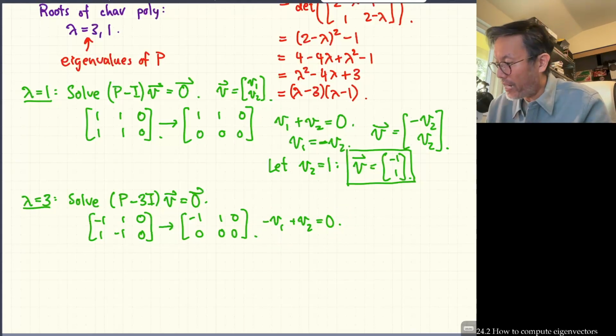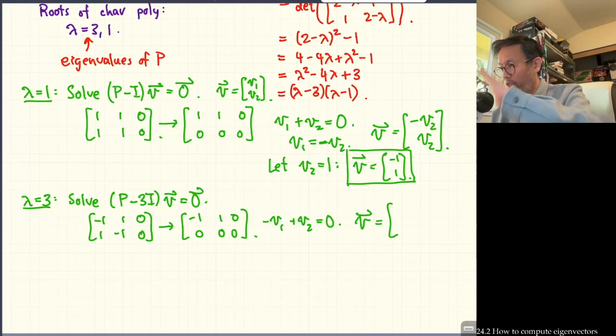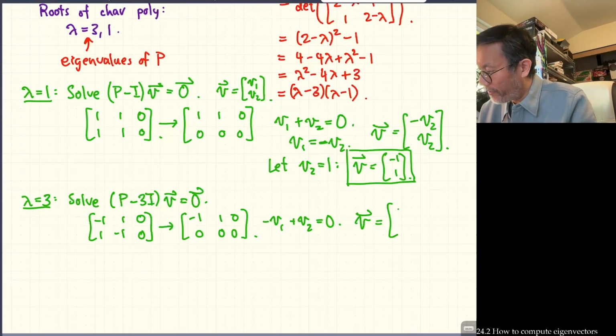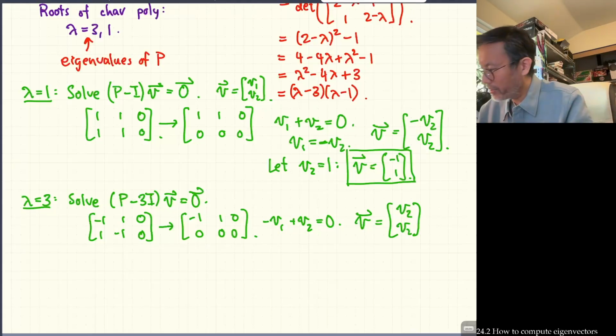So if I was to write down the eigenvector, I could write V1 in terms of V2, so this would be V2, V2. V1 is equal to V2 after all. And now I choose any non-zero value for V2. Let's choose 1, because why not?